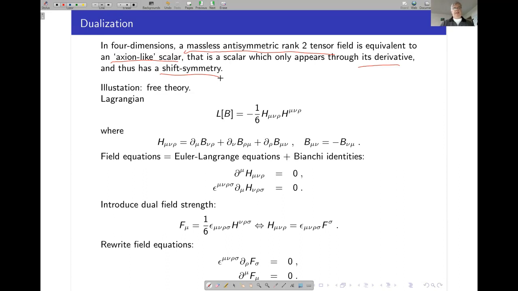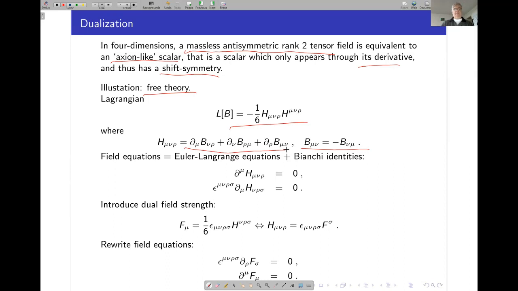Let us illustrate this equivalence between tensor field and scalar field in the free theory in 4 dimensions. Starting point is a Maxwell-like Lagrangian if we take a completely antisymmetric rank 3 tensor. And this is interpreted as a field strength, which has an associated potential, which is an antisymmetric rank 2 tensor and formed according to this formula.